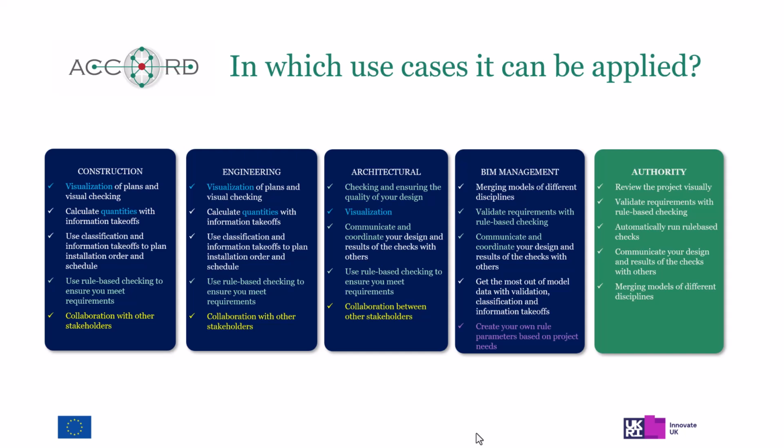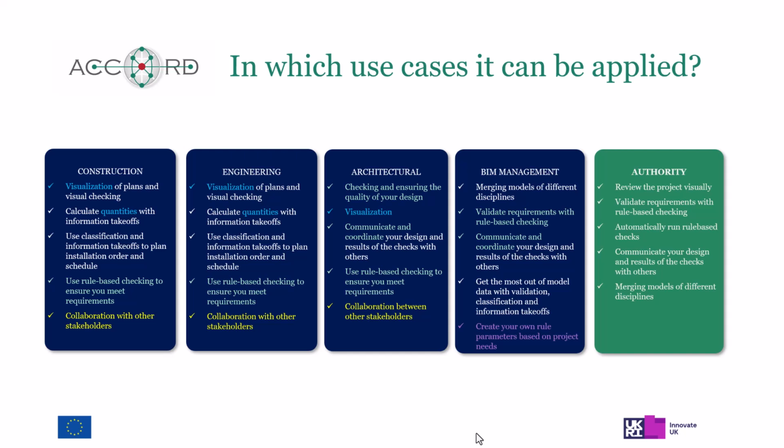Solibri is used widely among the construction industry for visualization and quantities. There is engineering, architectural, BIM management. In the user base, they have different needs. The common thing is they want to have visualized data, see structured data, collaborate with other stakeholders, and use rule-based checking to ensure their requirements.